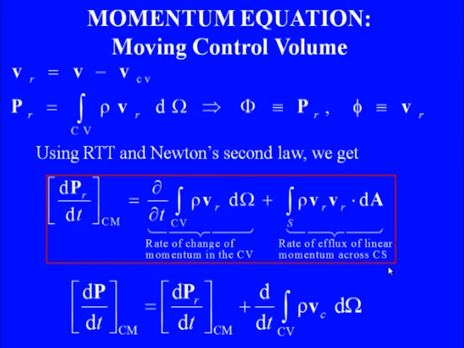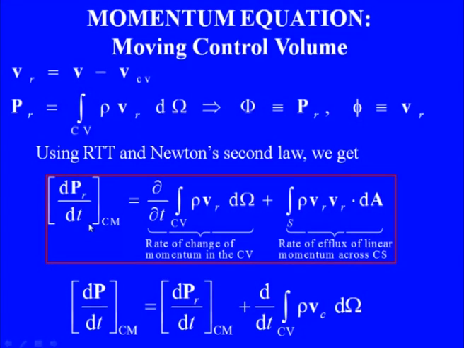Now, instead of a fixed control volume, if we had a moving control volume moving with a velocity vcv, we can define a relative velocity Vr equal to v minus vcv, and define the relative momentum of the system Pr as the integral of rho Vr d omega over Cv. In this case our extensive property would not be P but Pr, and the intensive quantity phi would be Vr, and then we can use RTT.